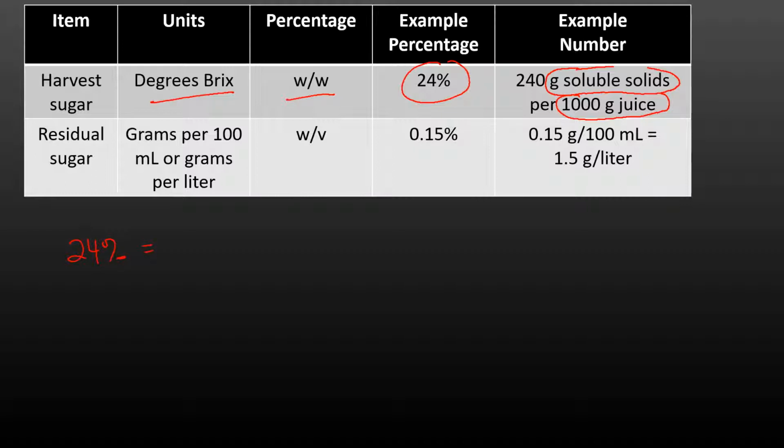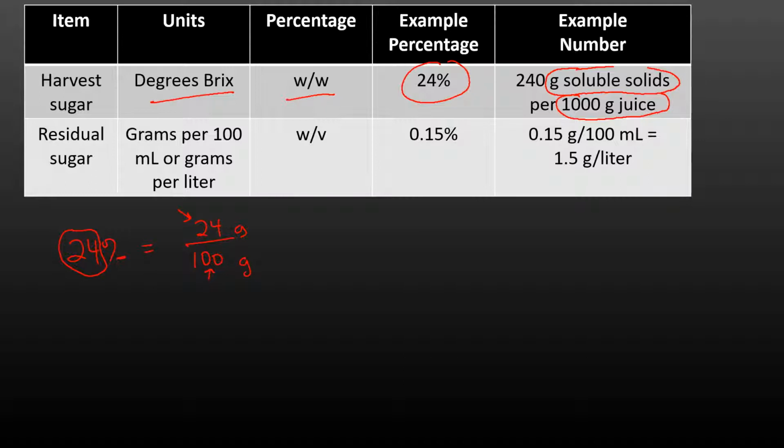We know that the percentage is just a fraction with 100 in the denominator. So it would be 24 divided by 100. Right? If 100 is in the denominator here, then we know our numerator is just equal to our percentage, 24. In this case, it's a weight-to-weight measurement, so the numerator is going to be grams and the denominator is going to be grams.